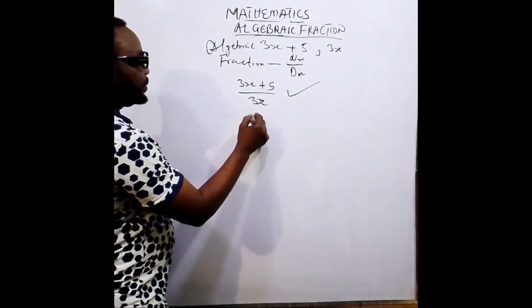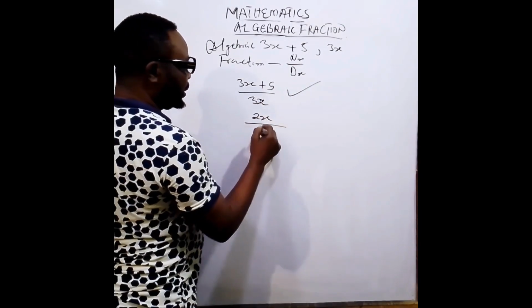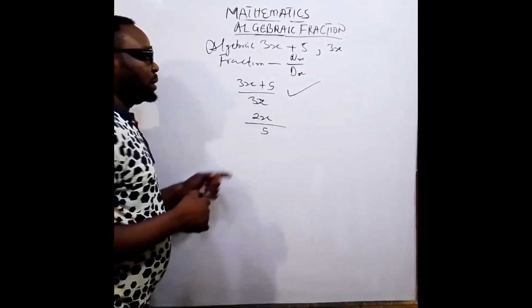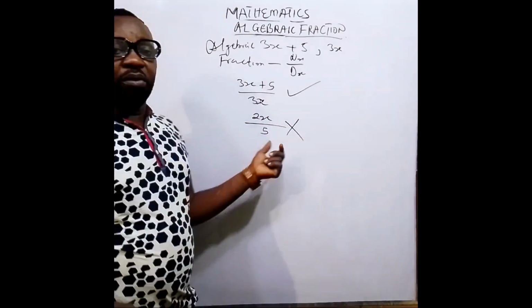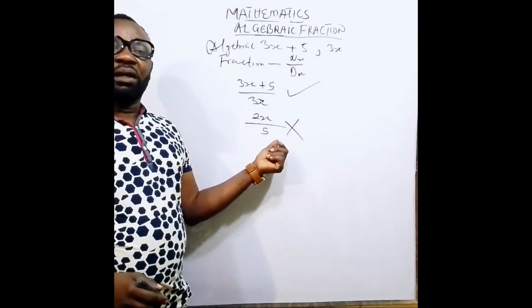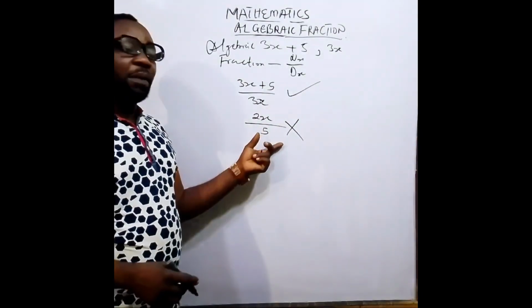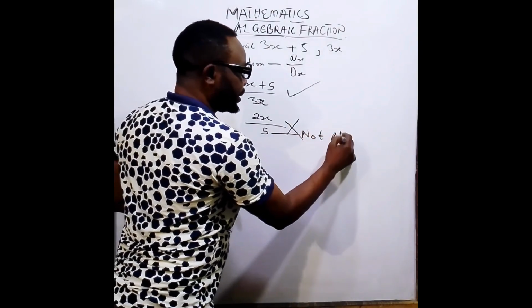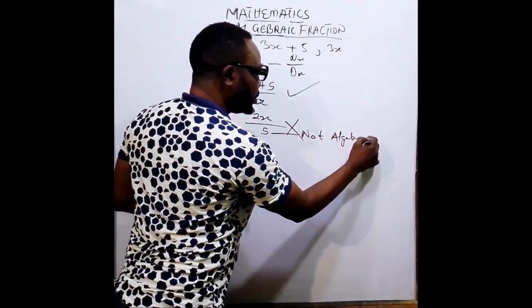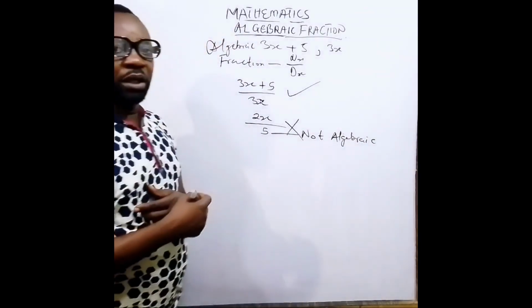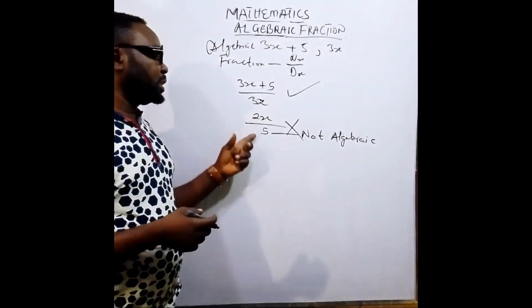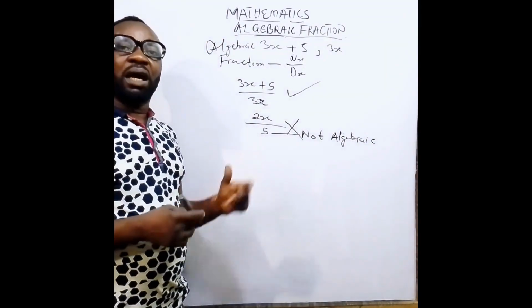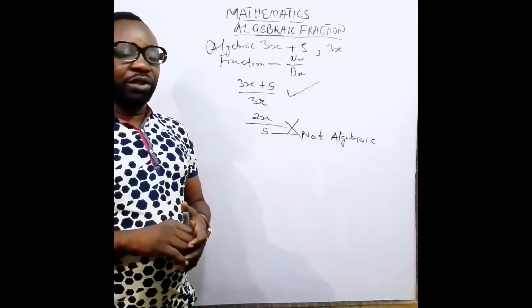But if I have 2x over 5, this is not an example of an algebraic fraction, because the denominator here is not algebraic. Therefore, we cannot regard this particular expression as an algebraic fraction.